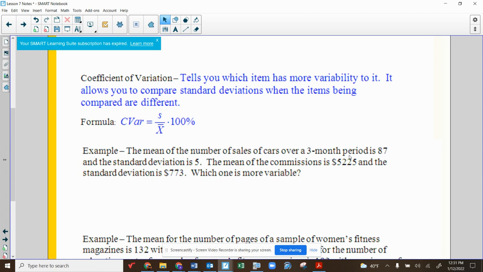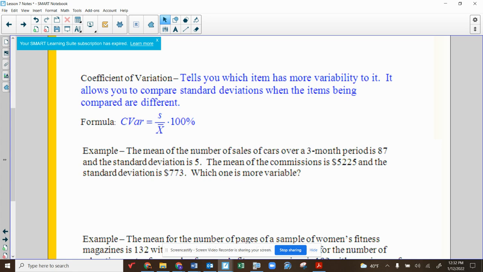So in this particular example here, we've got somebody selling cars. It tells you how much the commission is and how many sales there are. So the question is on a month-to-month basis, is the number of sales more up and down, or is the amount of commission that the salesman makes more up and down?